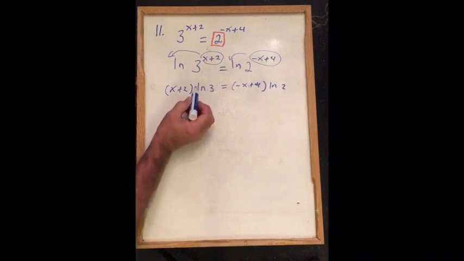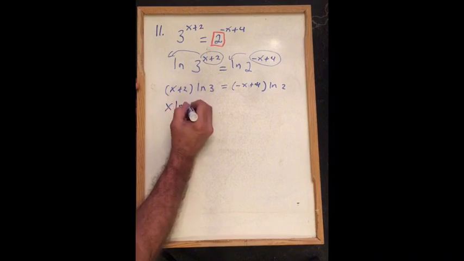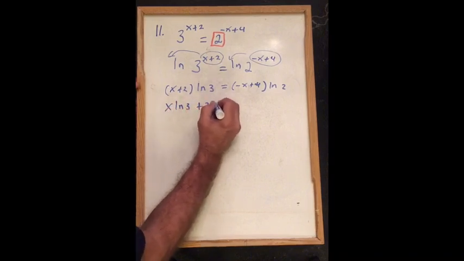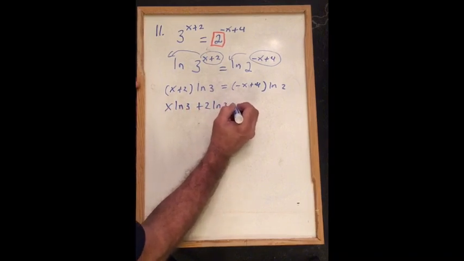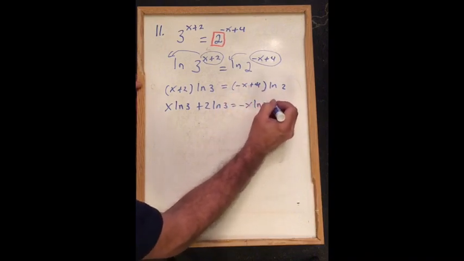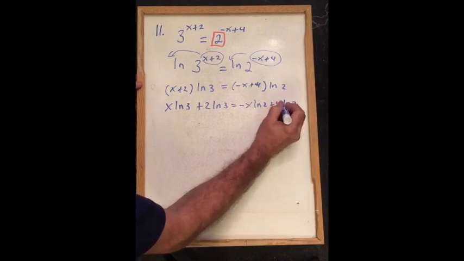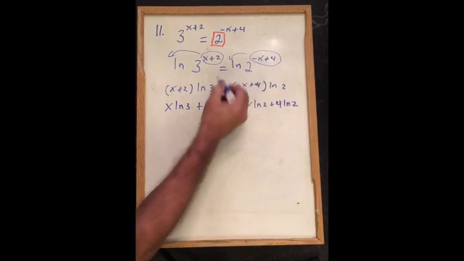Now we're going to distribute this ln of 3 to both things inside there to get x times the ln of 3 plus 2 times the ln of 3 is equal to negative x times the ln of 2 plus 4 times the ln of 2. Just a distributive property.